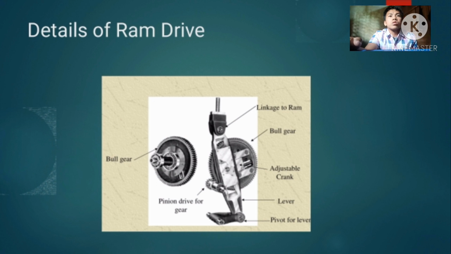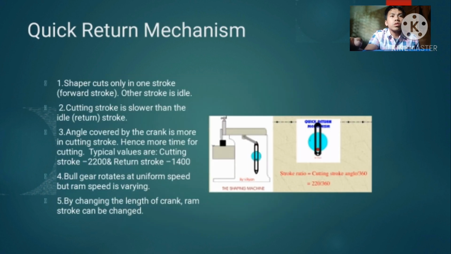And quick return mechanism. Quick return mechanism, there are 5 kinds. Shaper cuts only in one stroke, the forward stroke. Other stroke is idle. Cutting stroke is slower than the idle return stroke. Angle covered by the crank is more in cutting stroke, hence more time for cutting.